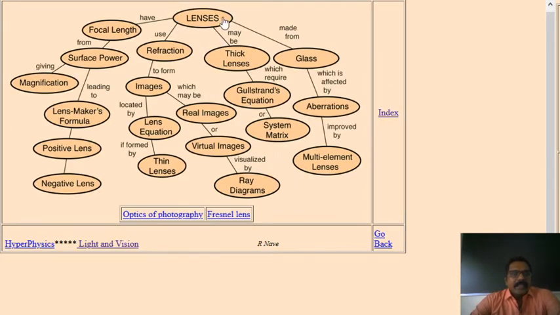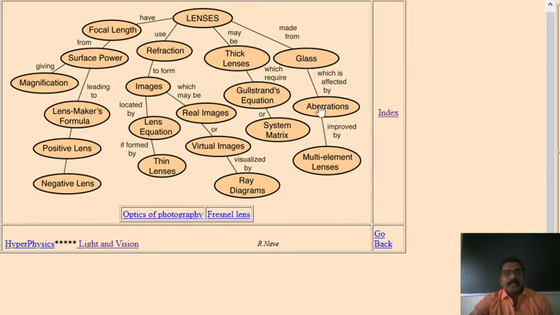Here this is a lens. A lens has a focal length, a surface power and a magnification, and the lens maker formula, and what is a positive lens and what is a negative lens, and refraction, images, lens equations, thin lenses, real images and virtual images, ray diagrams, and thick lenses. Students are not aware of these. It's beyond our course. Lenses are made with glass, which is affected by aberrations.